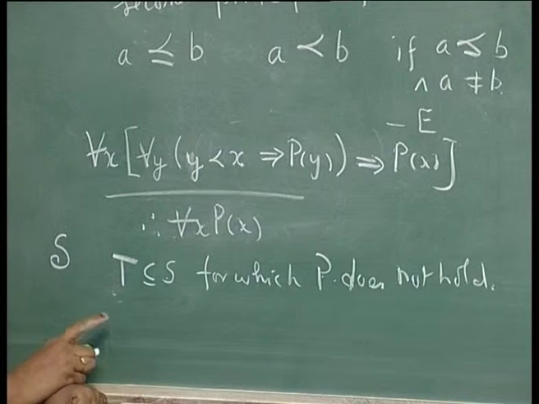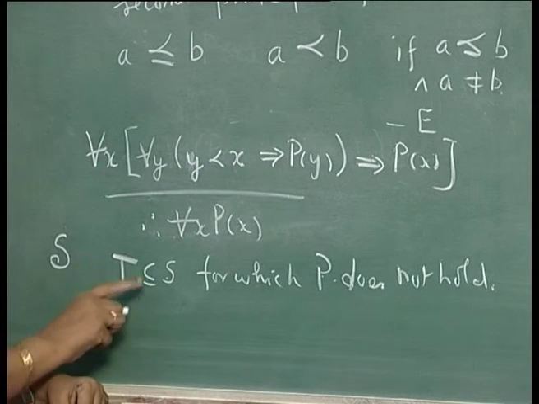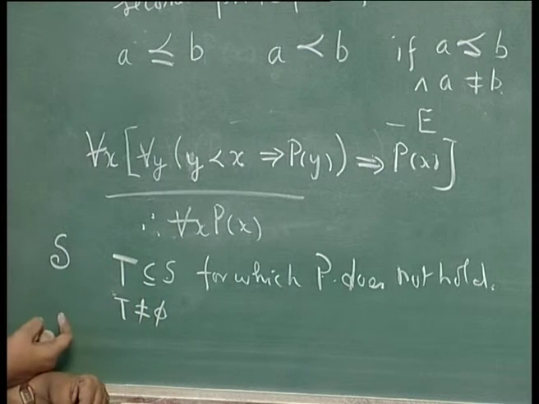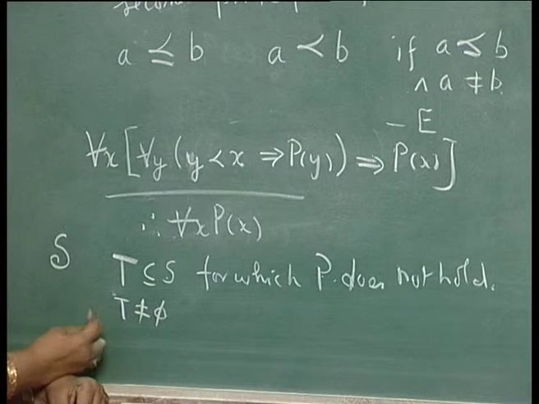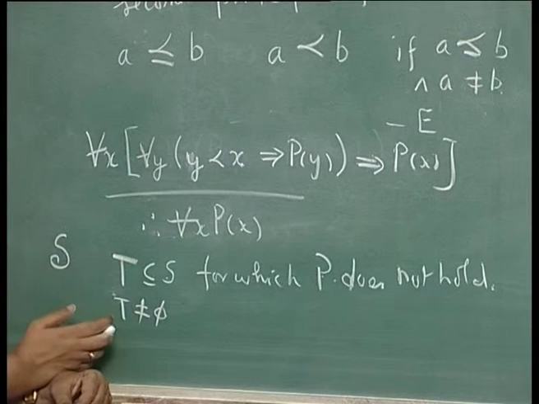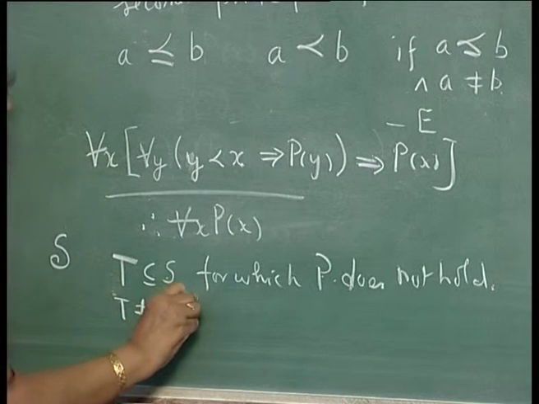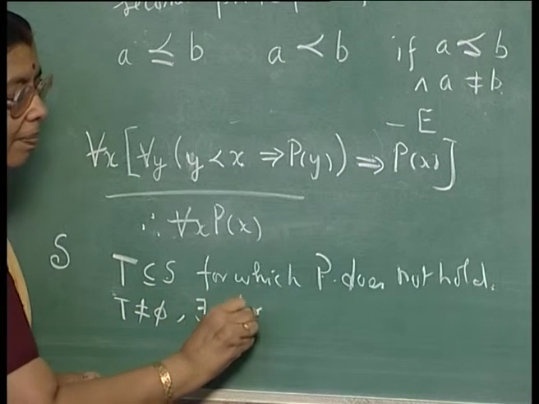We will show that T will be phi, the empty set. There is no subset for which P does not hold. If T is not equal to phi, there exists a least element M.